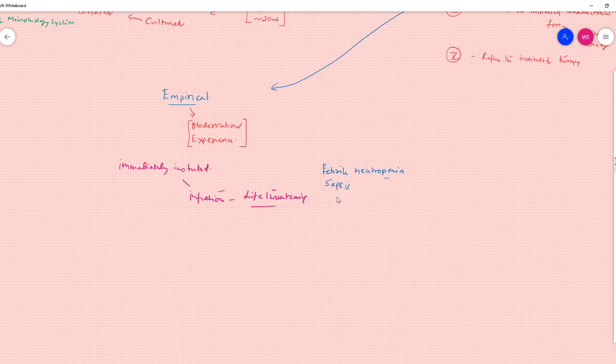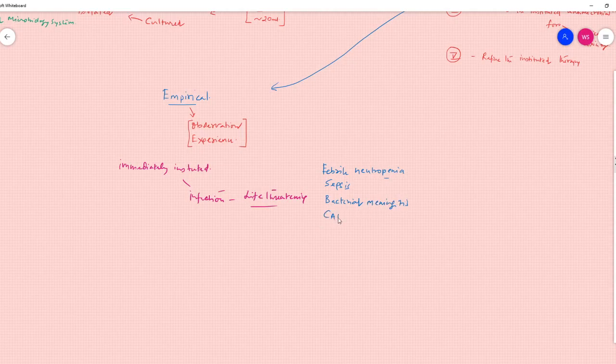When the bacteria begin to grow uncontrollably within the blood, and the body reacts to the toxins produced by these microorganisms. So that is called sepsis. And bacterial meningitis. Okay, this is infection of the CNS.